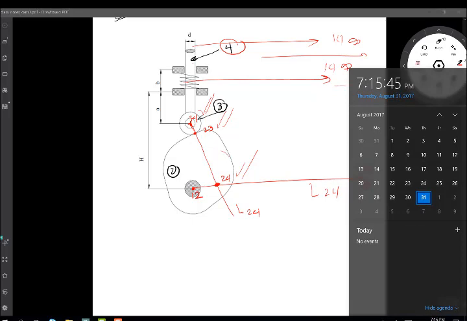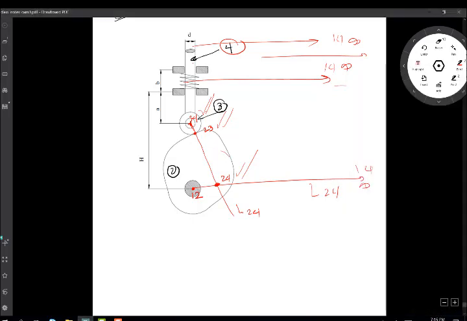Over here, 1, 2 and 2, 4, and also 1, 4, among links 1, 4 and 2. So if omega 2 is given, you can simply find the velocity of this point: v24 is equal to omega 2 times r, if this distance is r.